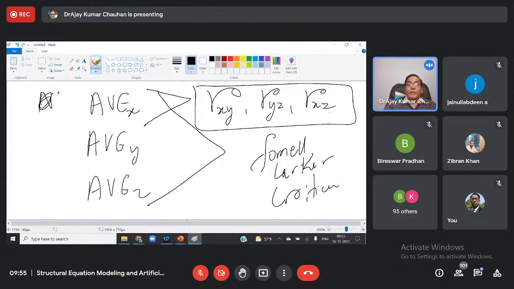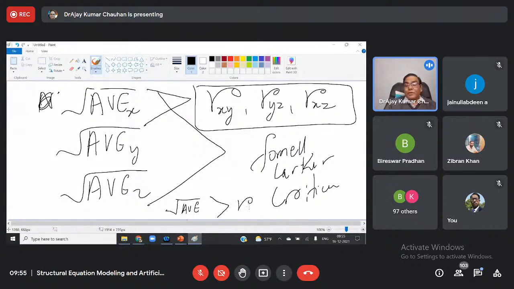But the only thing is that because AVE is a squared value, and all the correlations are simple correlations, we have to take the square root of the AVE. So if the square root of the AVE is greater than the cross correlation, then this criteria is known as the Fornell-Larcker criteria, right?